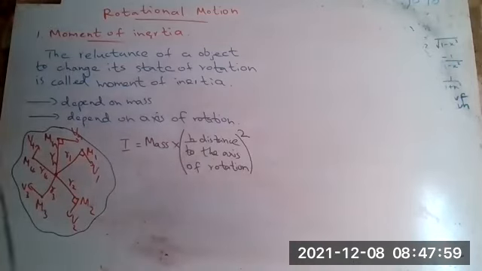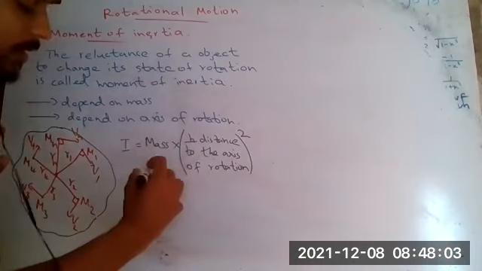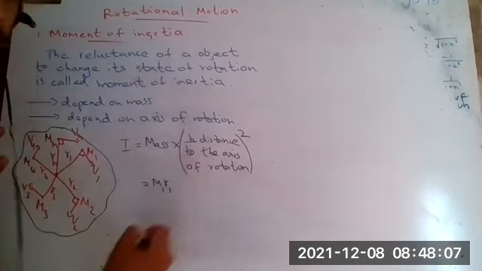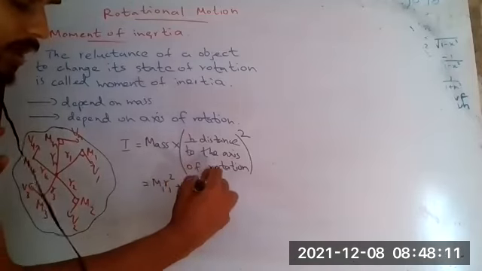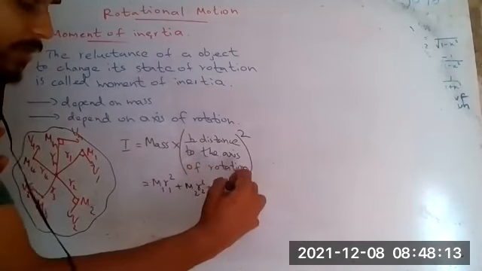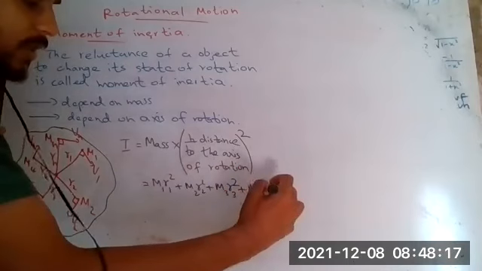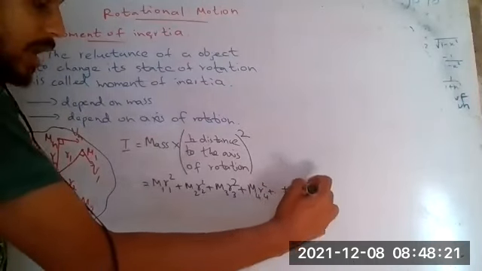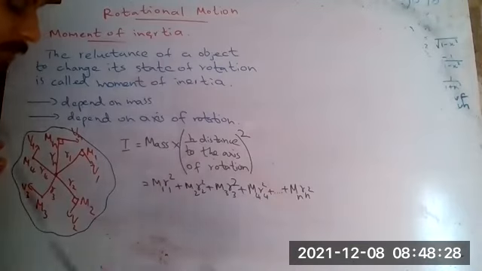The axis of rotation is the center, you know. The whole system is rotating like this. So for this one, M1 R1 squared plus M2 R2 squared plus M3 R3 squared plus M4 R4 squared plus so on, plus Mn Rn squared. That is the moment of inertia of the system.